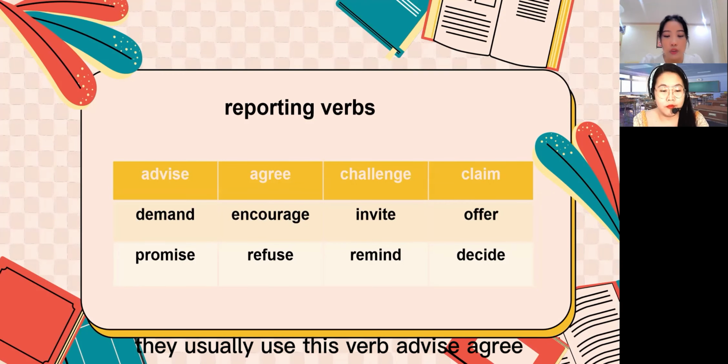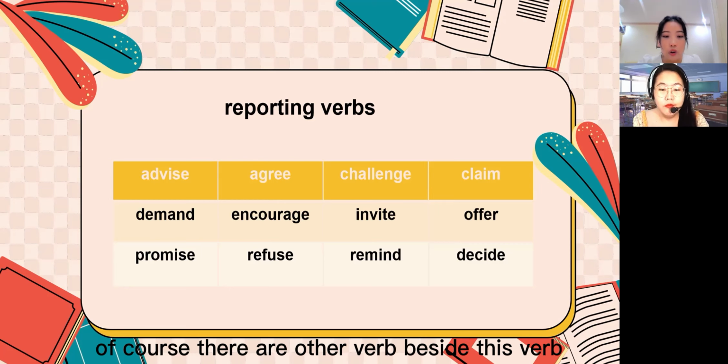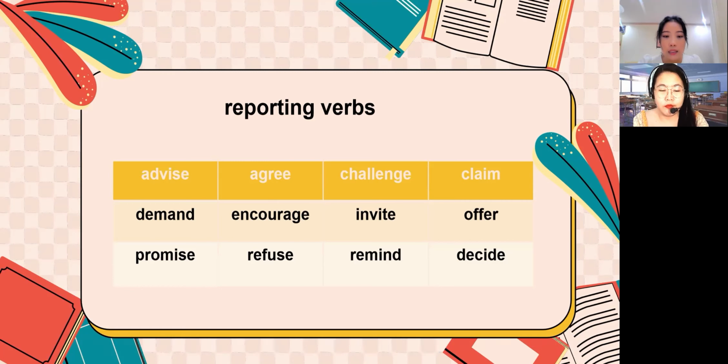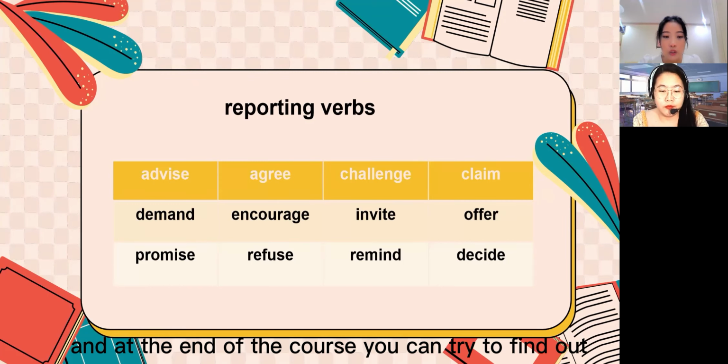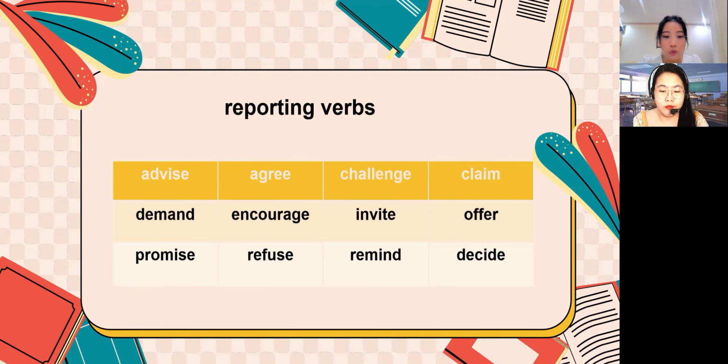We usually use these verbs: advise, agree, challenge, climb, decide, demand, encourage, invite, offer, persuade, promise, refer, and remind. Of course, there are other verbs besides these. At the end of the course, you can try to find out which verbs we can use in the sentence. Okay, let's proceed.